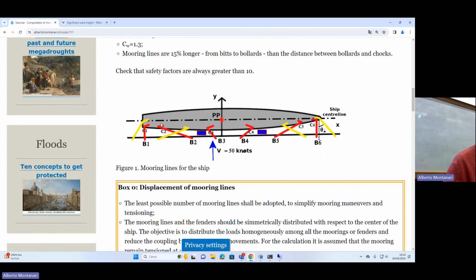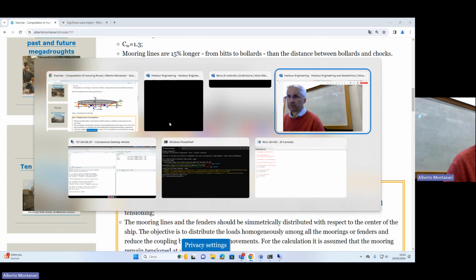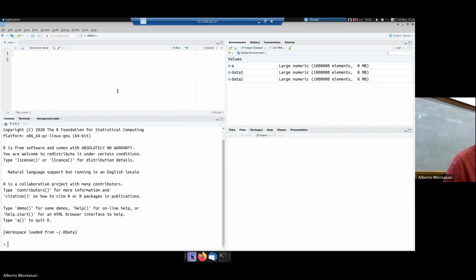So what we did so far is to get familiar with RStudio, which is here. We discussed how to use RStudio for making computations in R. We didn't actually start developing our exercise.